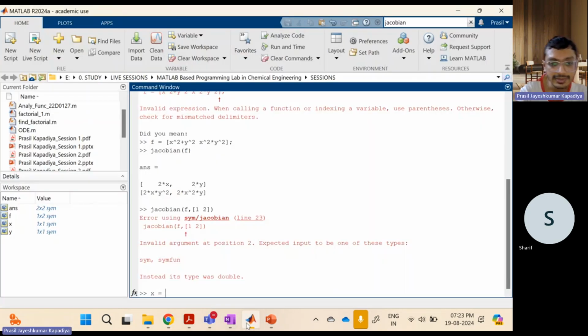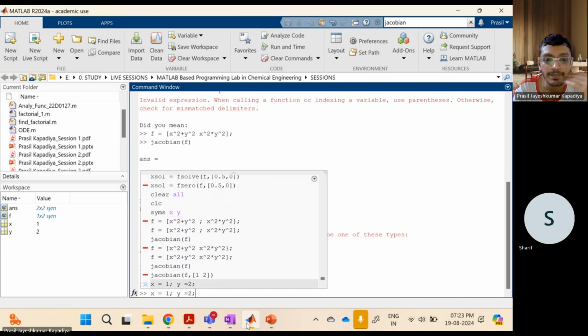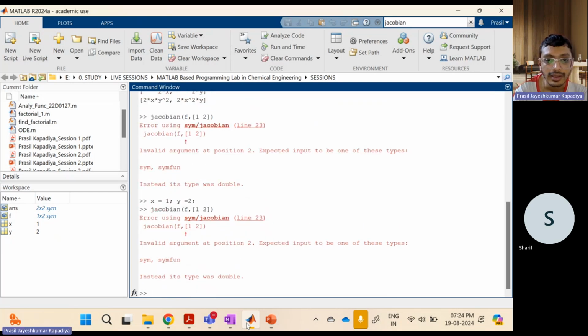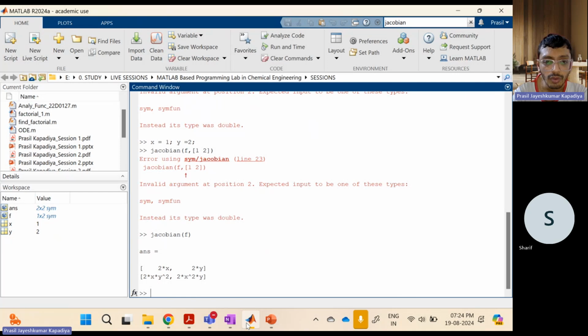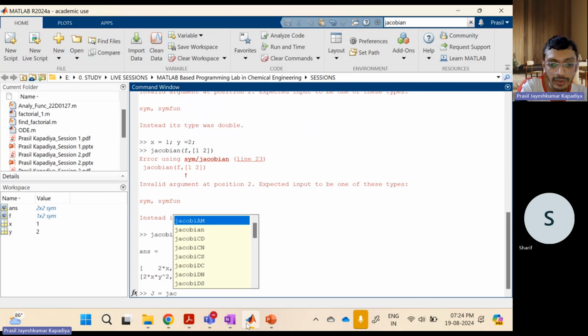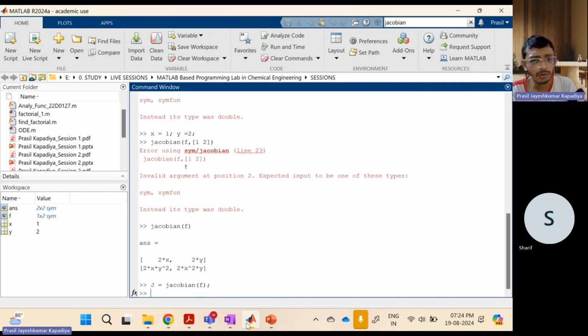Let me try one thing. Let's say x is equal to 1, y is equal to 2, and I am finding this. It won't work like this. Okay, let me do one thing. J is equal to Jacobian of f. It won't work like that actually, but let's try it. We can't mix up symbolic tools and this.